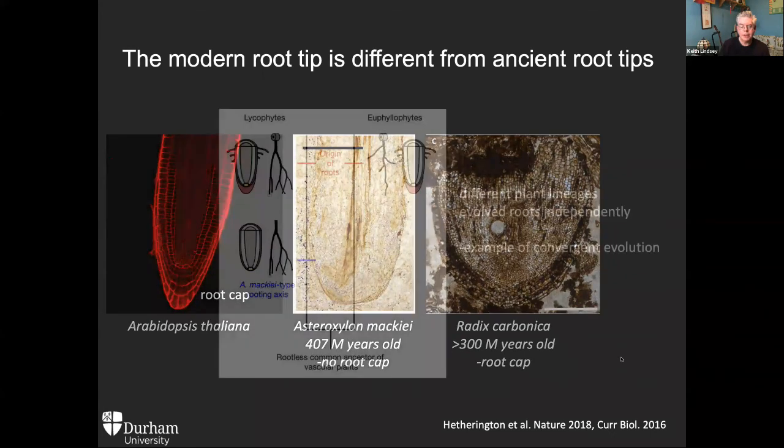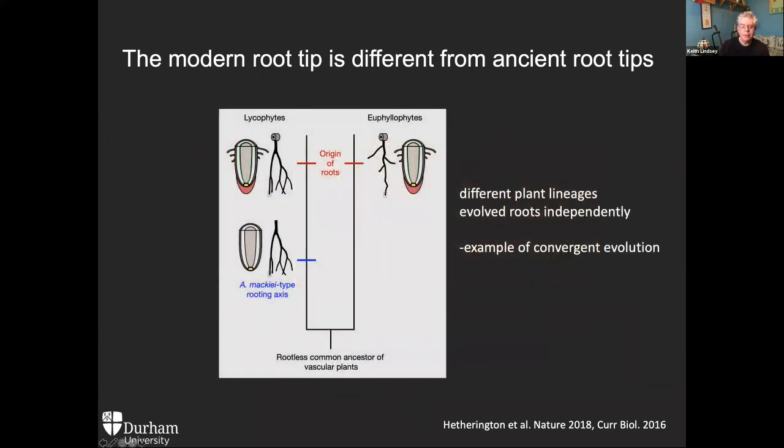Not all plants always had root caps. In fact, this root cap, which is representative of the modern root, probably arose independently through evolution. There was probably a rootless common ancestor of the so-called vascular plants, the bigger plants that are around today.